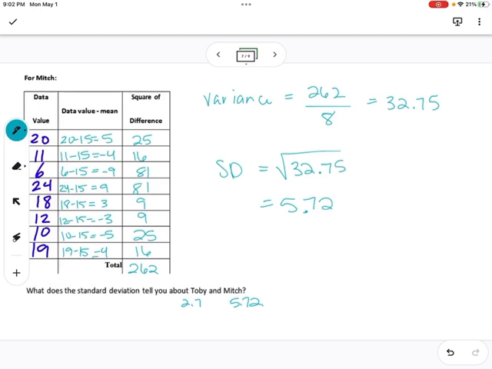So that, again, is telling us that Toby is more consistent. So that means Toby being more consistent means he gets around the same points every single game, where Mitch, the amount of points that he gets can vary more widely.